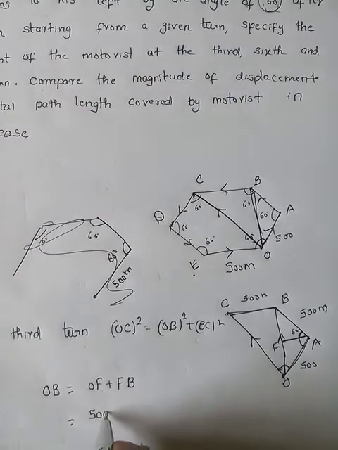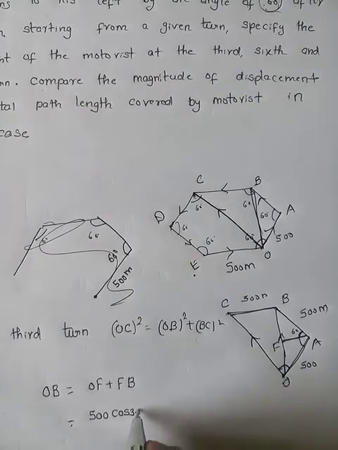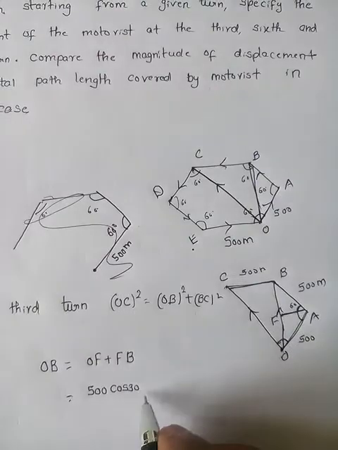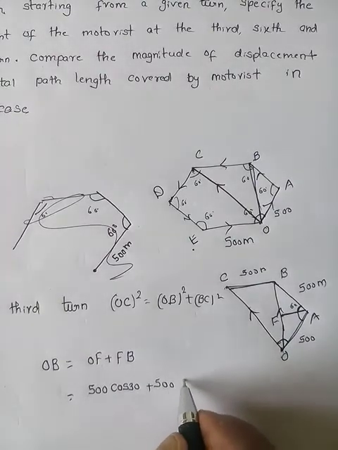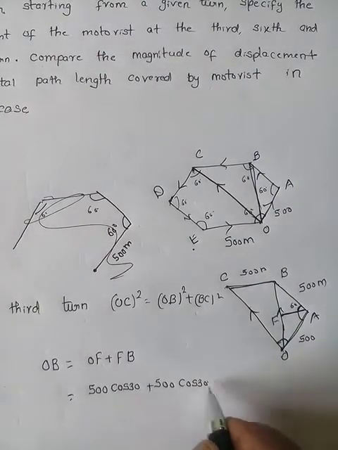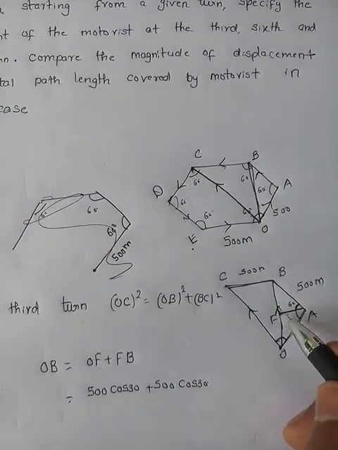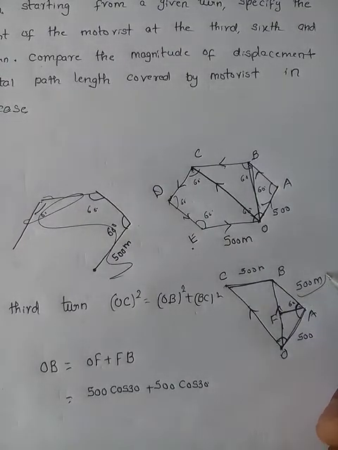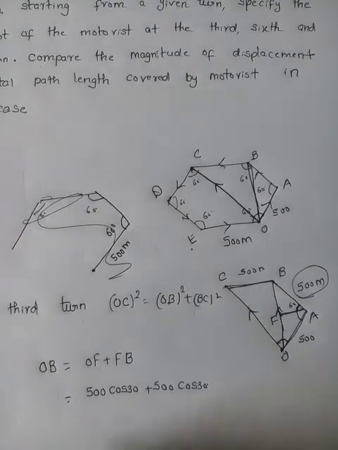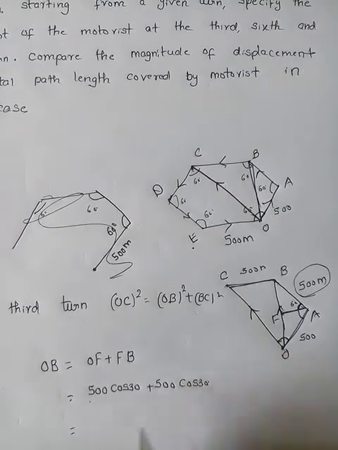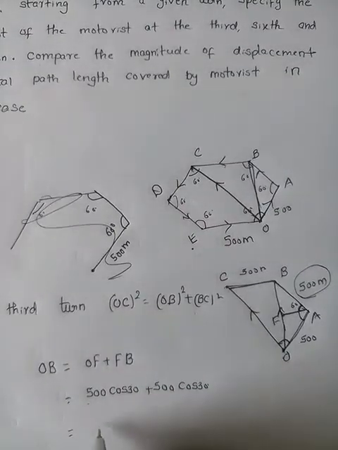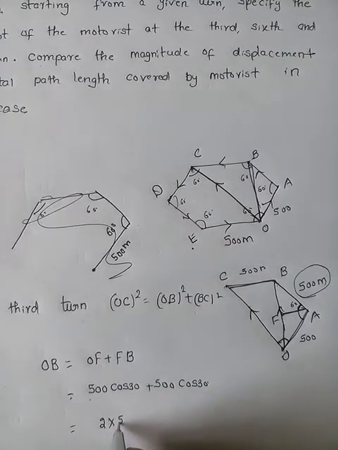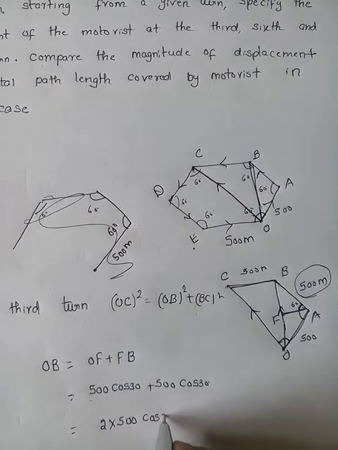OF is equal to 500 cos 30. FB also 500 cos 30. A vector is resolved into two components. The horizontal component is V cos theta, so here 500 cos 30. So, OB is equal to 500 cos 30 plus 500 cos 30, so 2 into 500 cos 30.